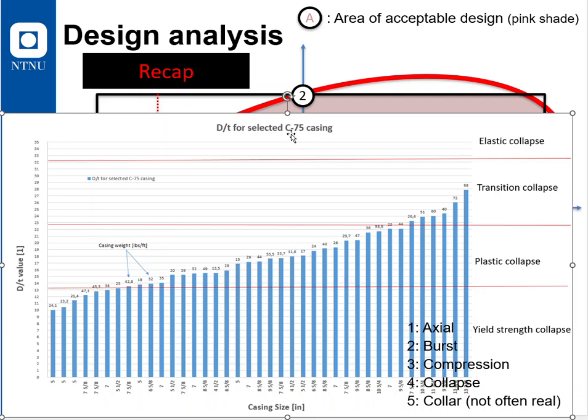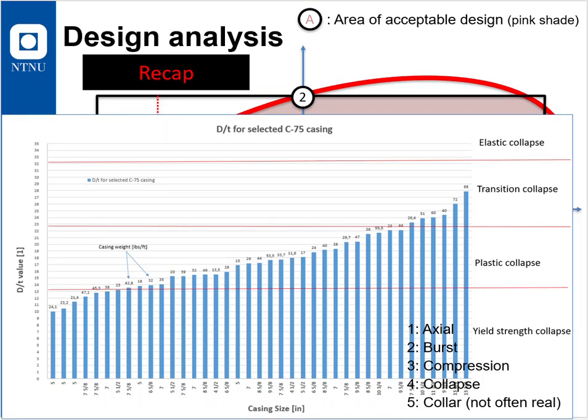If we go down to say 55,000 psi yield, all of these bars would move up to a lower collapse resistance. If you say P110, all of them would go down. The profile will be kept like this, but everything will just move down.